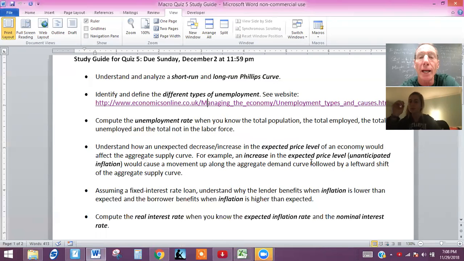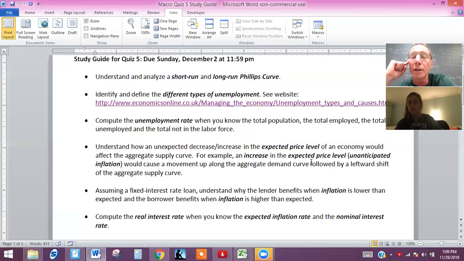So for example, if the producers in the economy expect the price levels in the future to go down, then they're going to actually supply more into the market, because the way to think about this is if the expected price levels are going to go down, you'll get a movement down along the line, and then the aggregate supply is going to shift to the right.